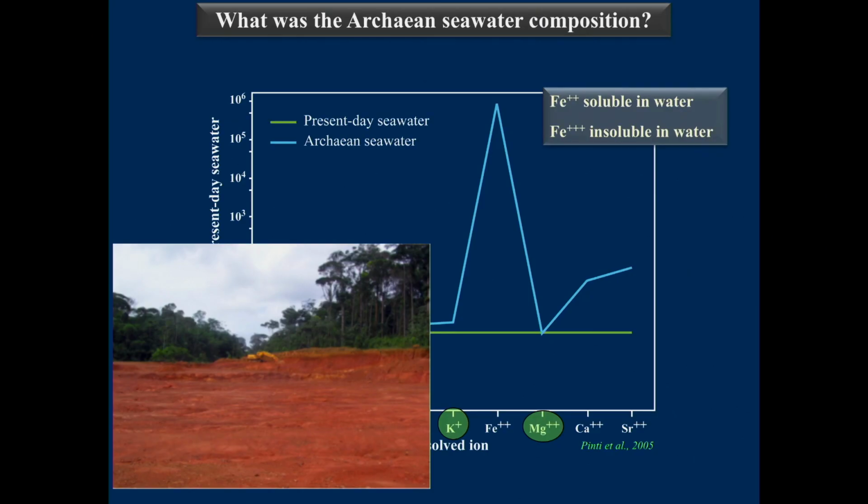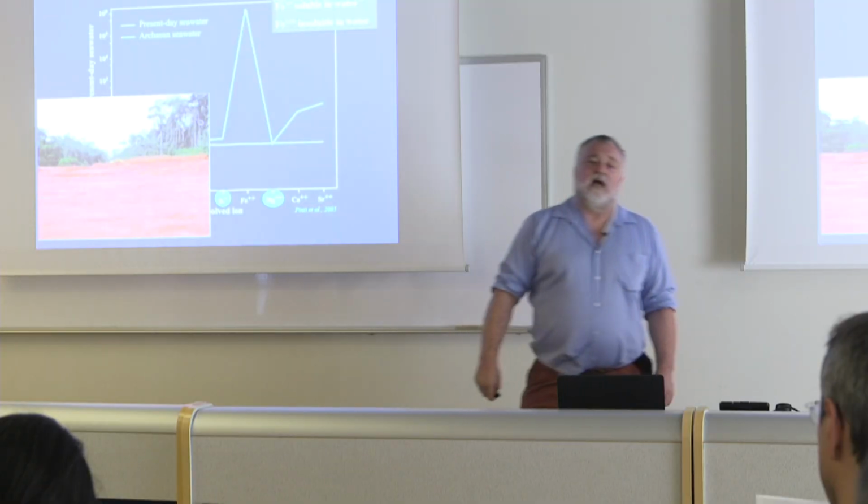This is due to the reaction between the iron and oxygen. So today iron remains in place. During the Archaean, there was no oxygen in the atmosphere, so the iron liberated was iron 2, the reduced form of iron. It was soluble in water and went with the rivers to the sea, thus accounting for the high content of iron in the Archaean seawater.